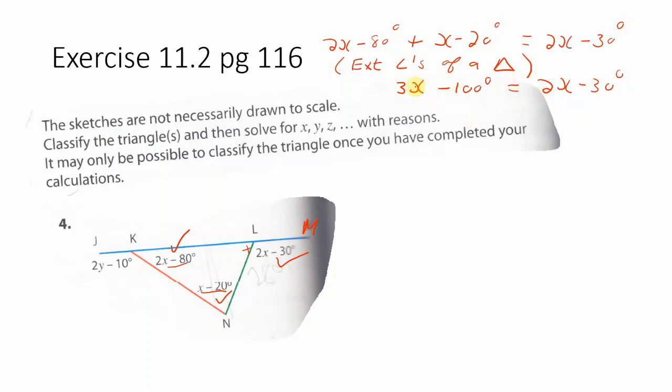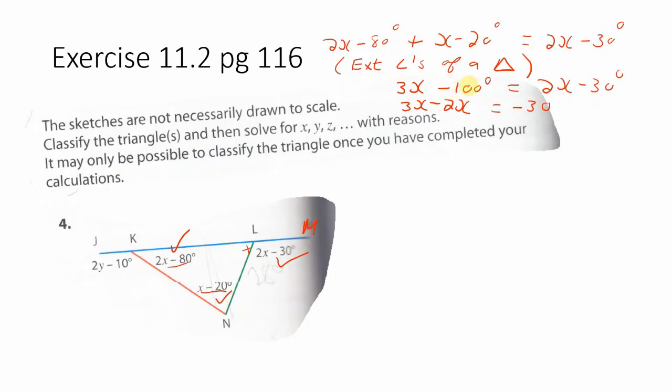Now I want my x's together, so I'm going to swim this 2x on the right hand side of the river across the river to the left hand side, so then the sign will change. The positive will become a negative. On the right hand side I already have negative 30 degrees. It didn't swim, it was already on the correct side.